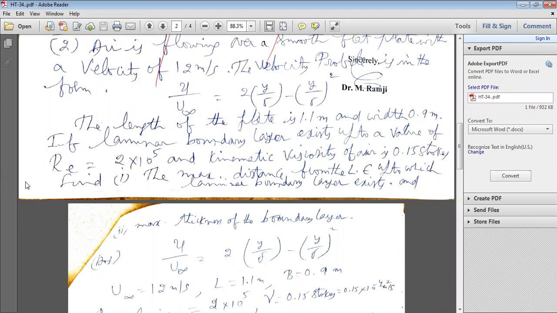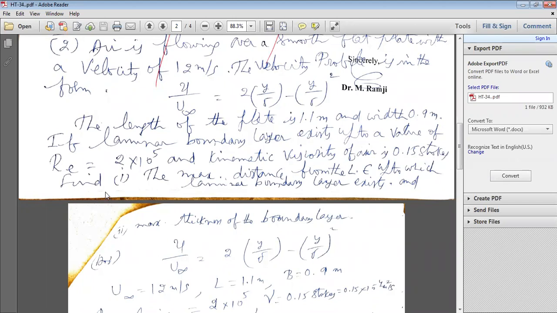And kinematic viscosity of air is 0.15 Stokes.